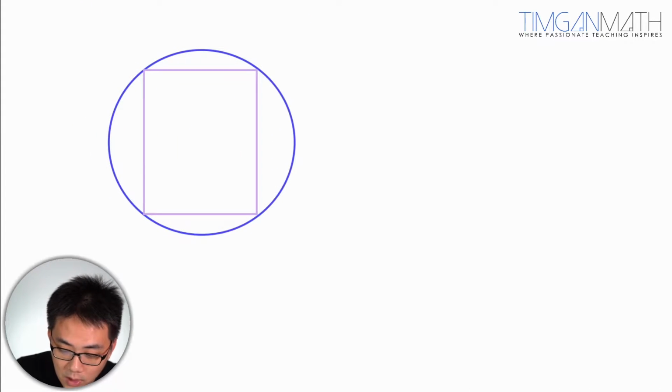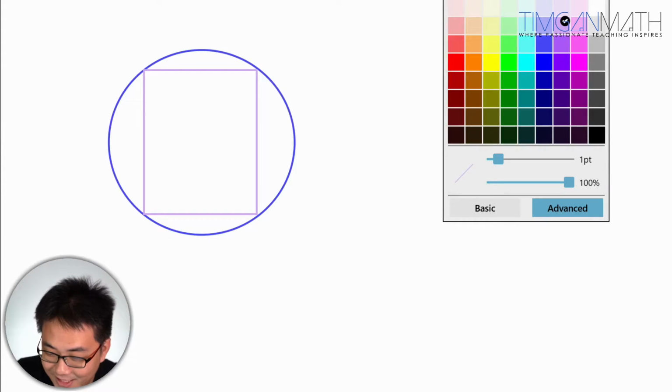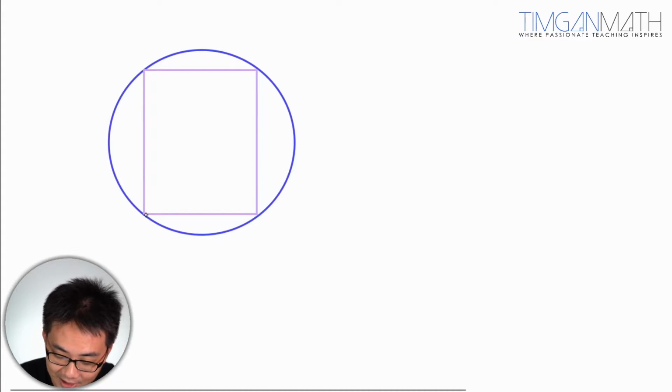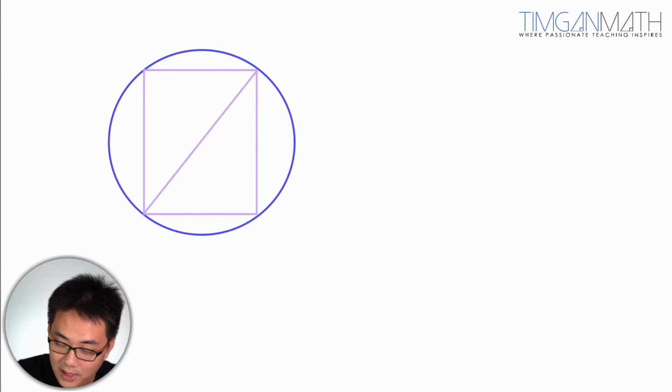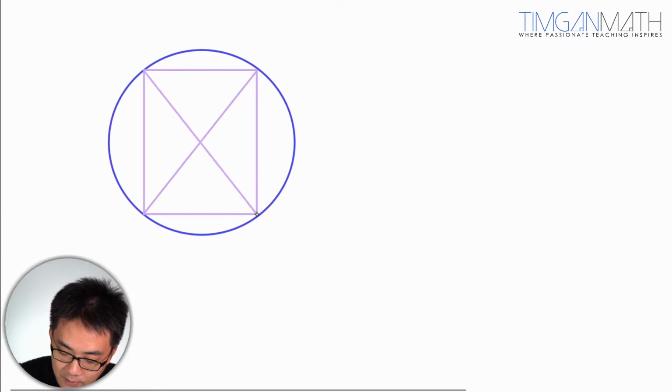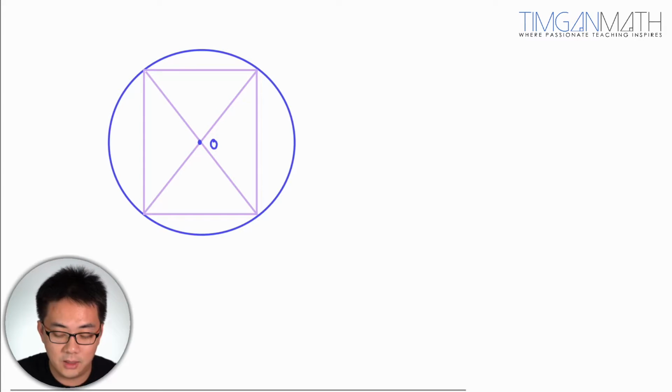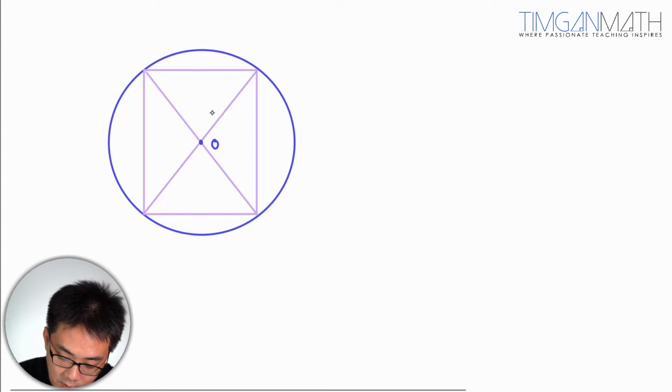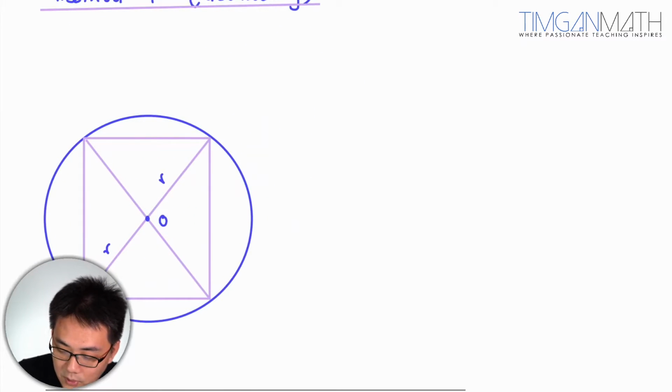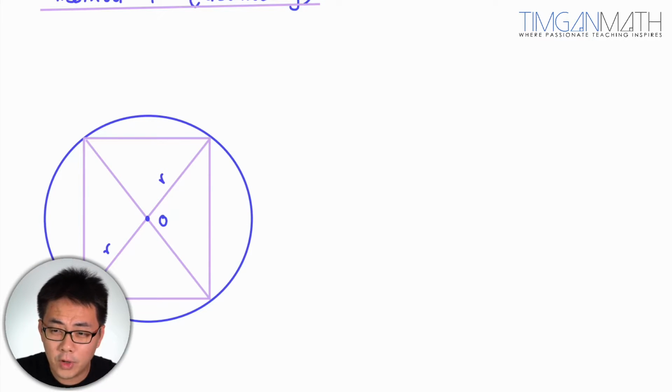Many times in class I've mentioned that for anything related to a circle, the radius is very, very important. So I'm going to try and relate the radius here. This is the midpoint, and we have a radius here. Now let's identify the two variables that we have.